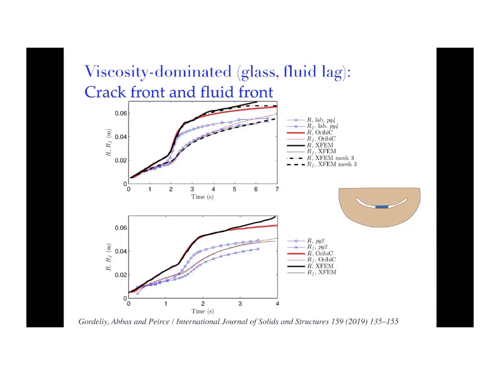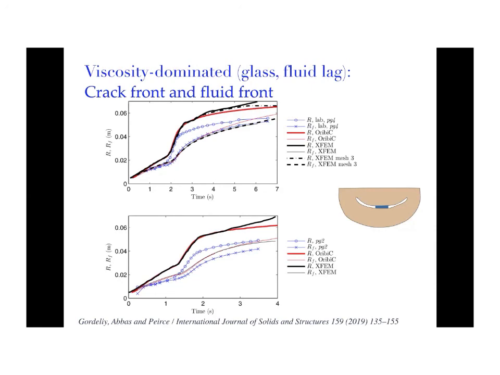Okay, so in this case, the model just assumes a specific location of the crack front, and when you know that my crack front is exactly here, you introduce a crack tip enrichment, which depends on this location of the crack front. Once the crack front advances, you move the crack tip enrichment.